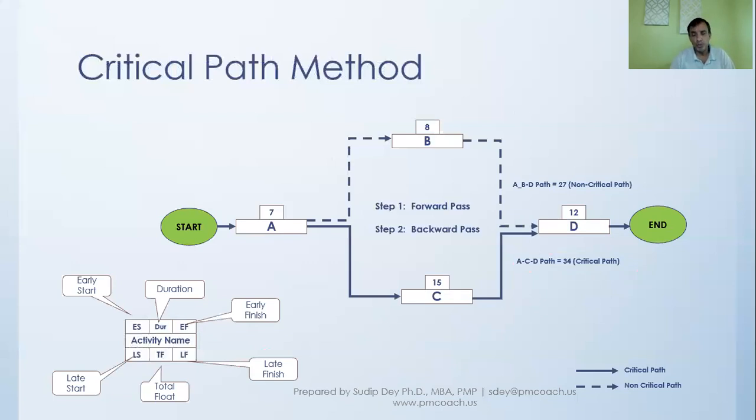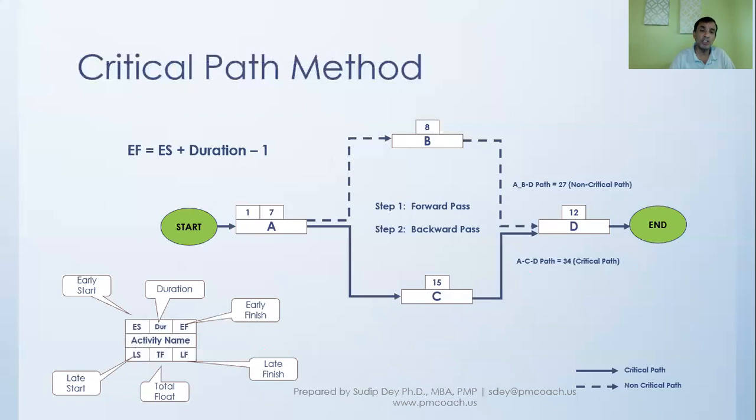When we do the schedule, there are 2 steps that we take. One is a forward pass and one is a backward pass. Now let's first take step 1, and start with the forward pass. Activity A starts on day 1. In your actual project, there will probably be some specific date, but here we are saying it starts on day 1.